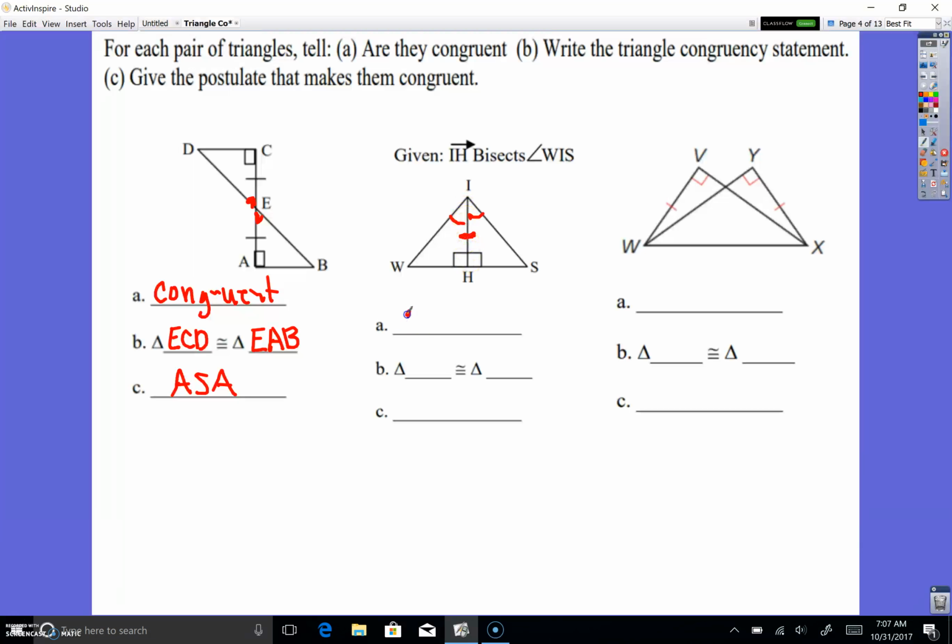So they are congruent. So I can say WHS is congruent to SHI, because of angle, side, angle.